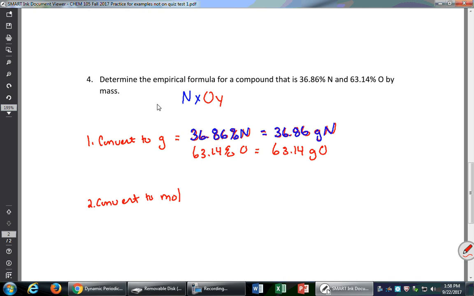We can't compare grams because oxygen and nitrogen have a different mass. We can use our relationships from our periodic table.